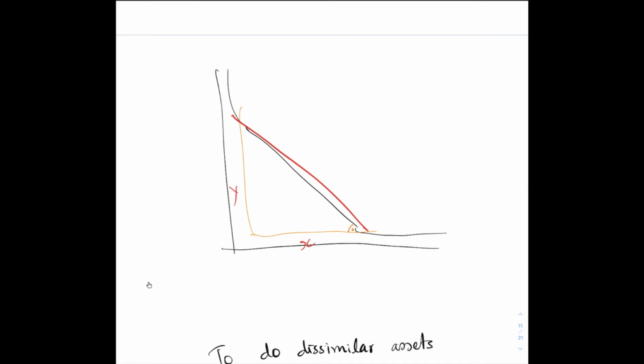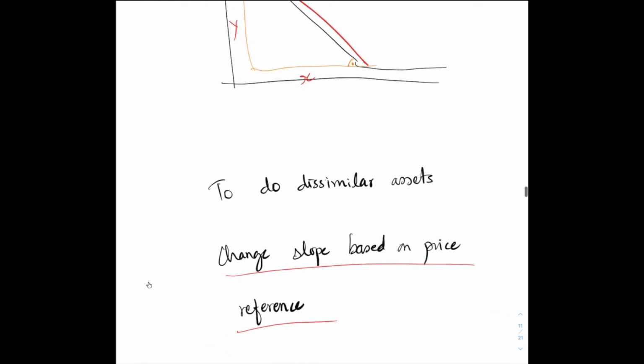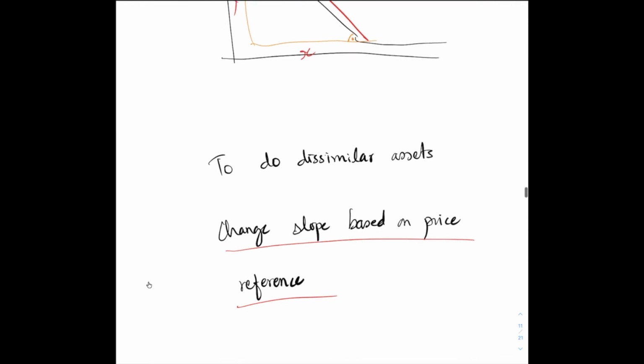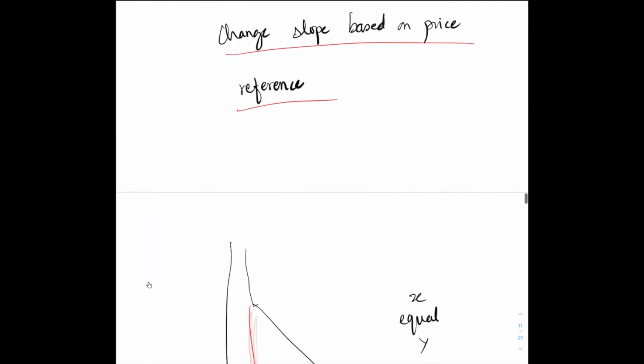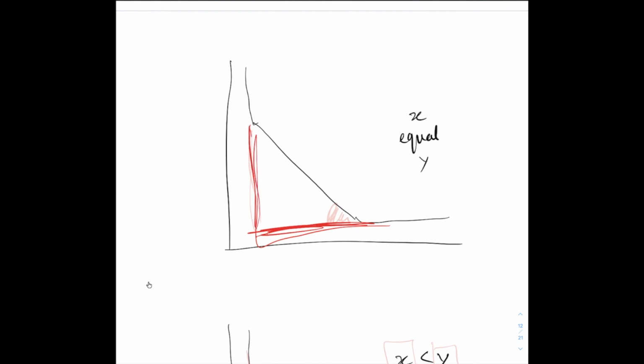Now, to allow dissimilar assets, what we really need to do is change the slope based on a price reference. So for example, this is where X equals Y. This is the same as this.